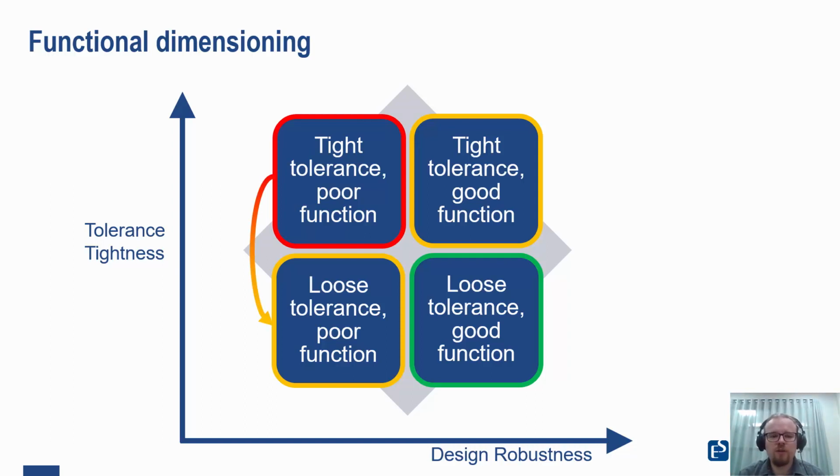If we have a looser tolerance but also poor function, this can be okay. It depends on the quality targets for the specific item in question. If we have loose tolerances, this is going to be relatively inexpensive to produce, but perhaps we have some costs associated with scrappage, rework, or warranty costs after the fact due to that poor function. If we achieve tight tolerance with good function, this is also okay.